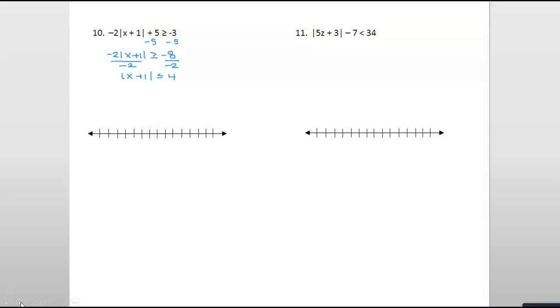So you can't get the "and" or the "or" till your absolute value is isolated. So we get x plus 1 is less than or equal to 4, and x plus 1 is greater than or equal to negative 4.